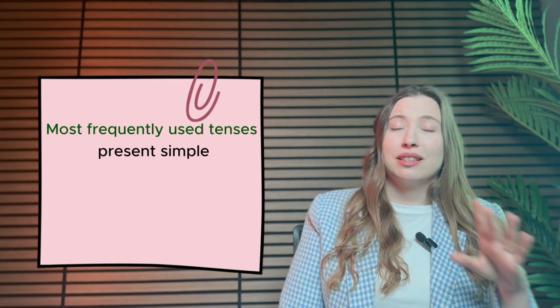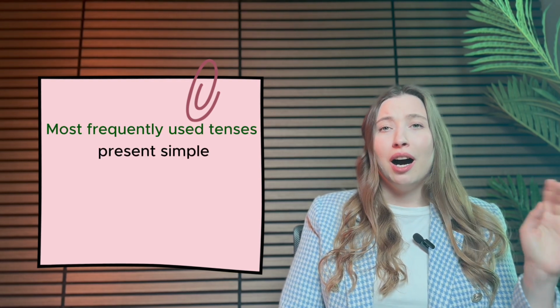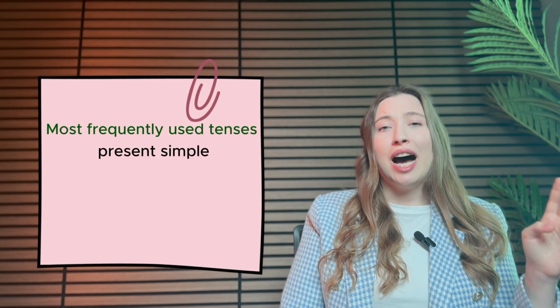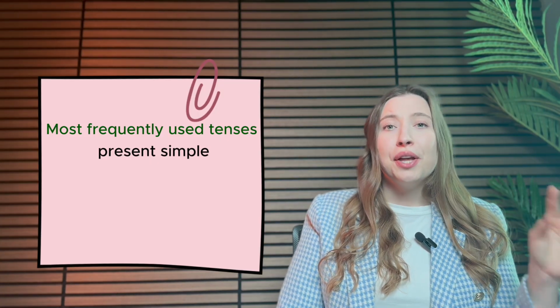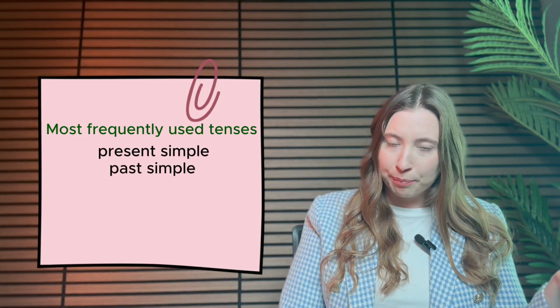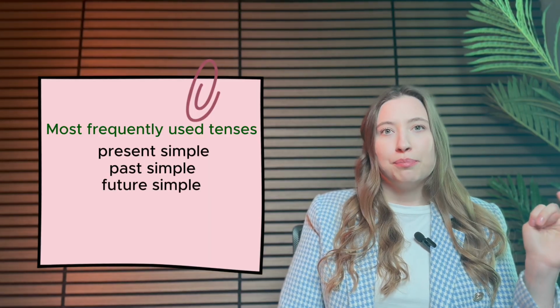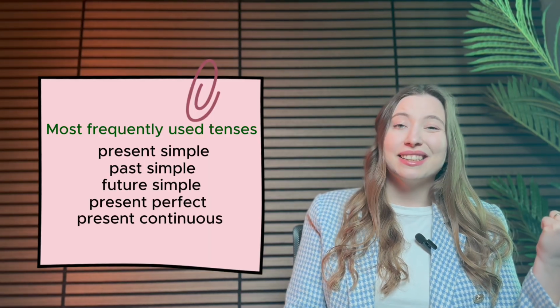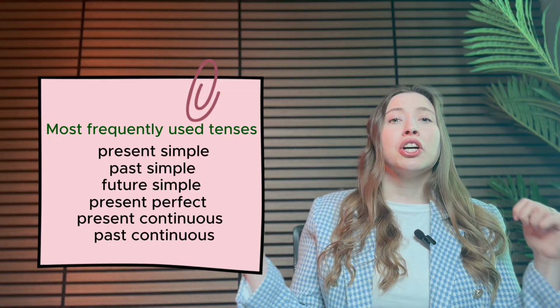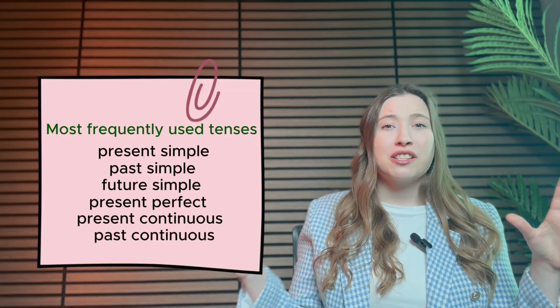Present simple is the most common, covers about half or even more than half of English tense usage. Then we have past simple. Then we go with future simple, present perfect, present continuous, and past continuous. These are the 6 tenses I would suggest to focus on.